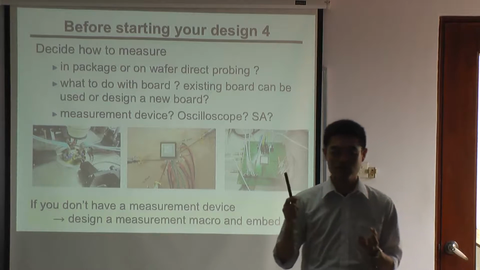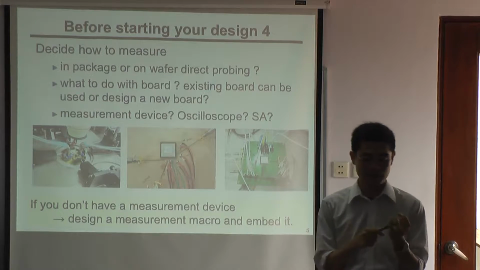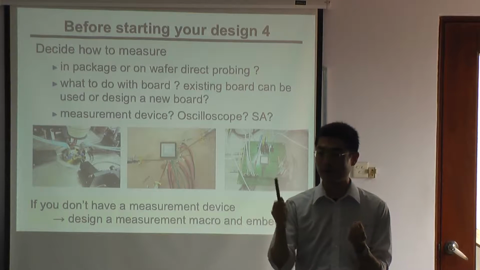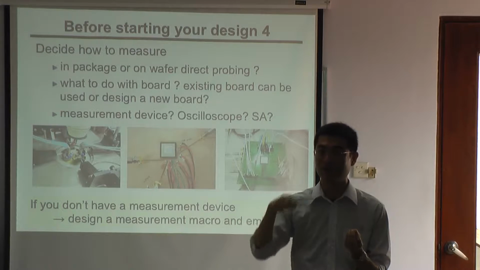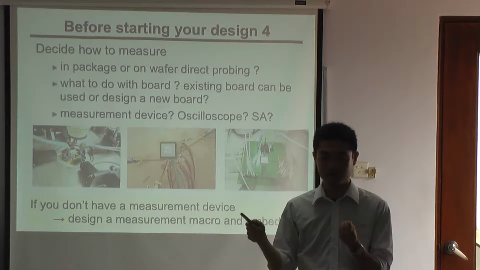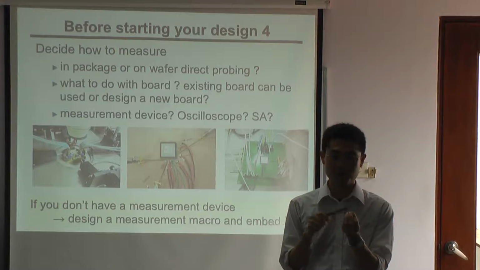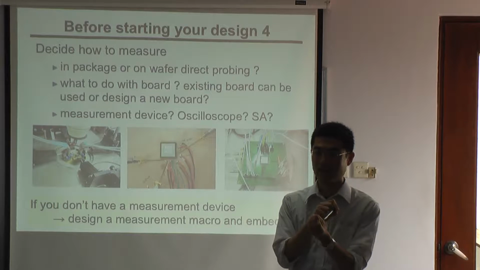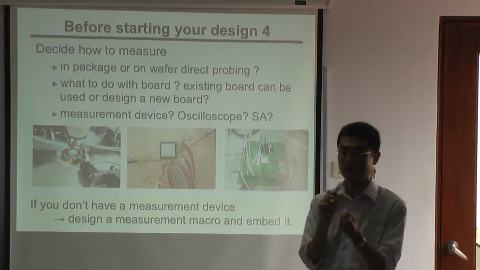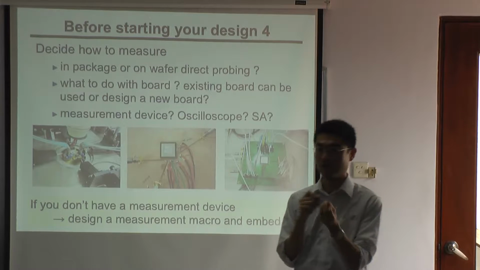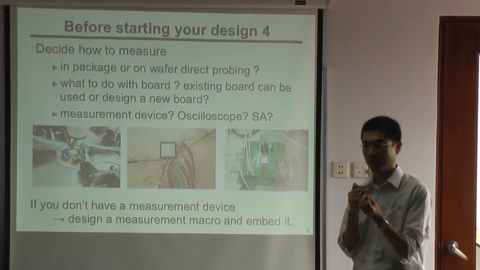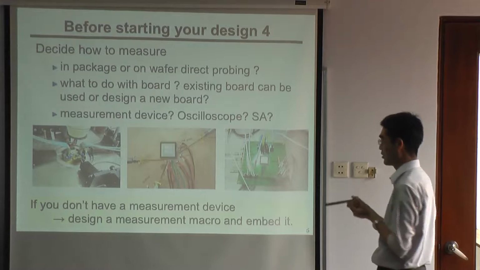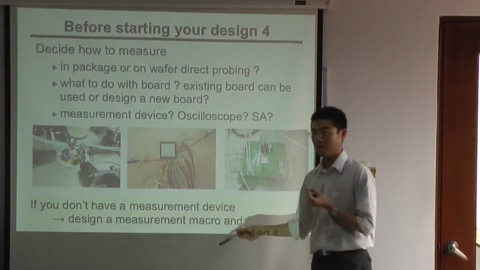So that by using that macro, you can confirm that the circuit itself operates at 100 gigahertz. And through this macro, you will measure this macro by a 20 gigahertz oscilloscope. And you have to think of such kind of measurement macro and embed it.